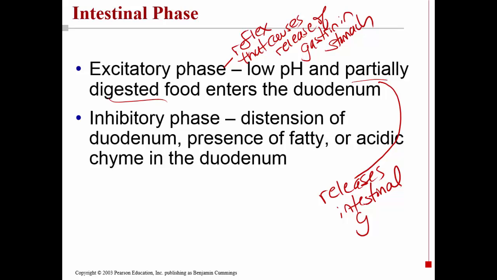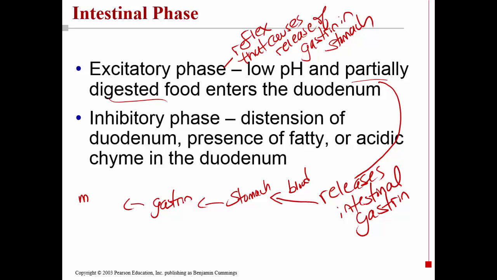Now, intestinal gastrin is going to then travel back to the stomach through the blood. Okay, it travels through the blood, and it's going to cause the stomach to release gastrin. And of course, the gastrin is going to cause more chemical and mechanical breakdown.